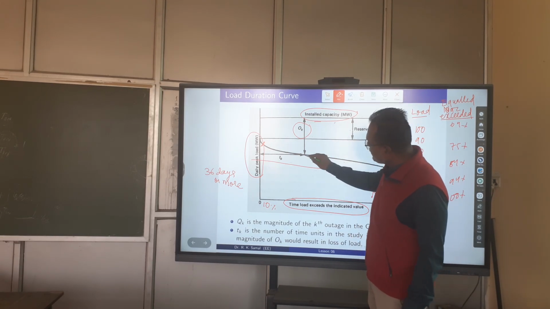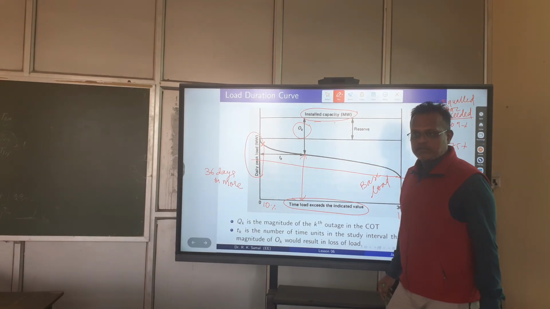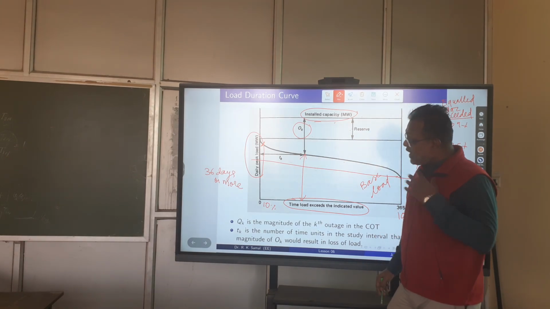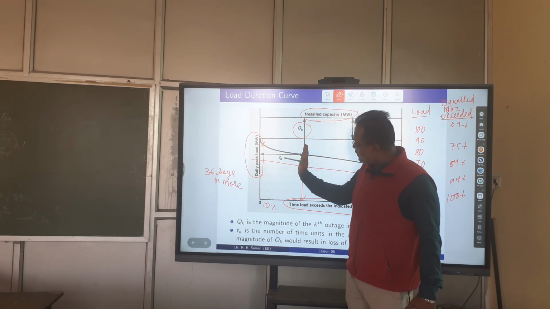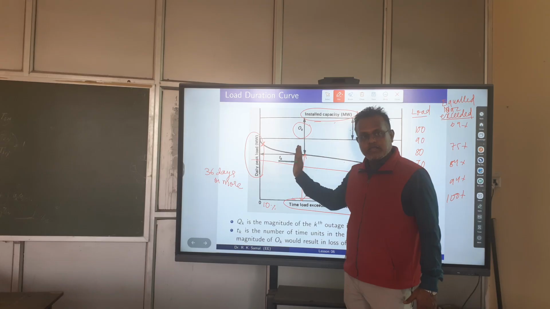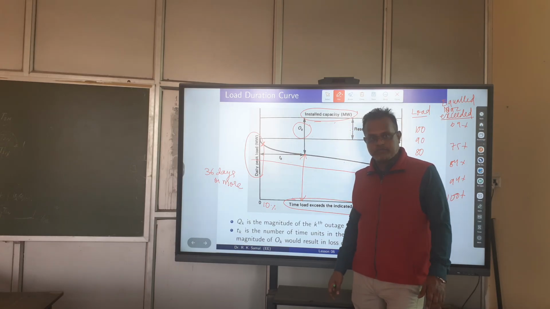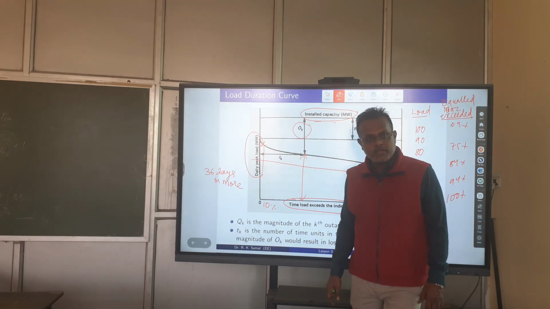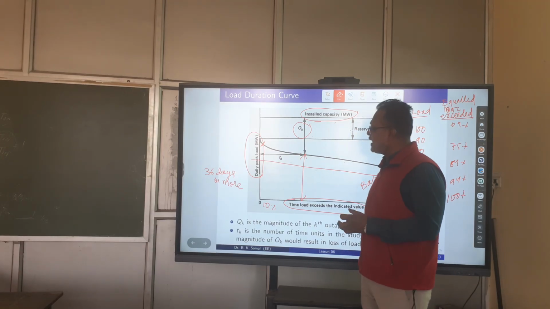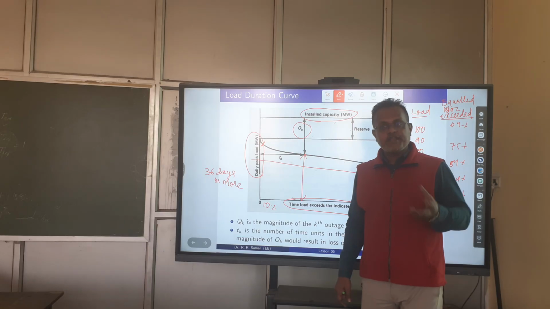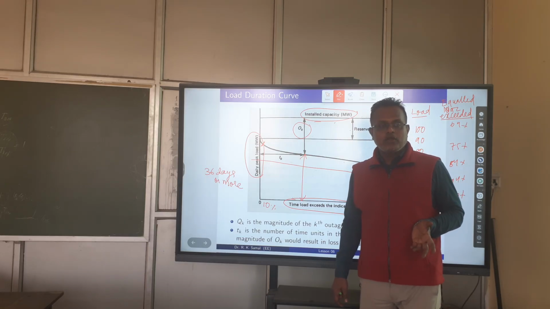So this will result in only this much of load which can be met. But if you take the loads on this side and the outage occurs, the load will not be met. So this is the principle that we will apply for evaluating loss of load expectation using the load duration curve.